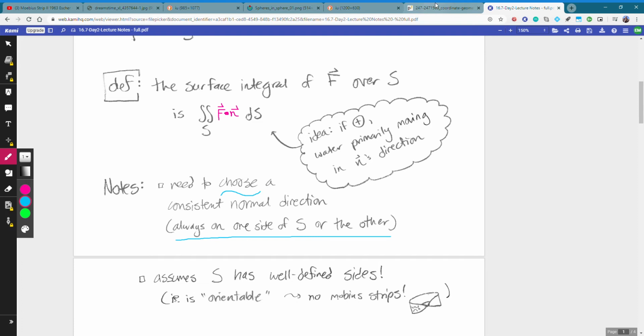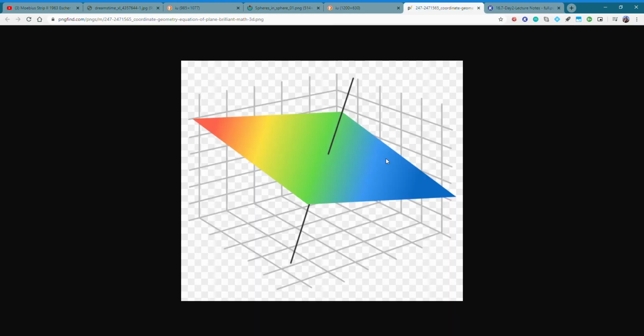So if we imagine a plane, well, if we stand a normal vector, say up in this top direction here, no matter where we slide that normal vector around on our surface, we're going to be pointing that same direction, right? The plane has two sides.